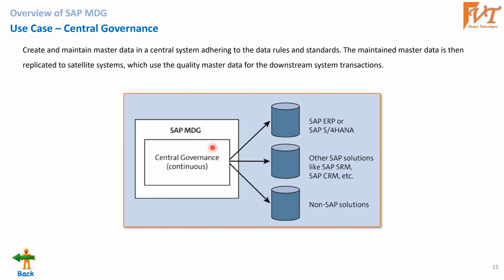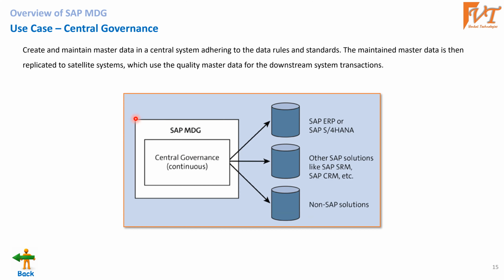This is integrated with different systems, other SAP solutions like SRM, CRM, or non-SAP solutions, whatever it might be. All these systems are sharing the master data that is maintained in SAP MDG. There won't be any master data maintained here or here or here.